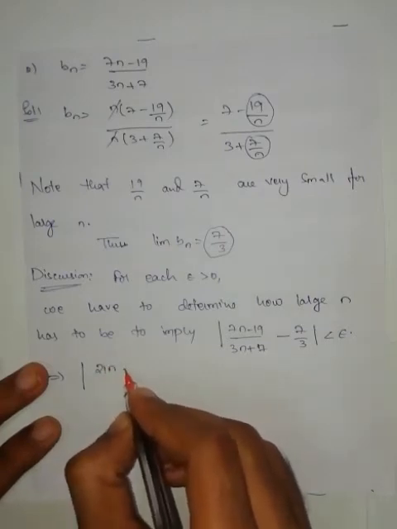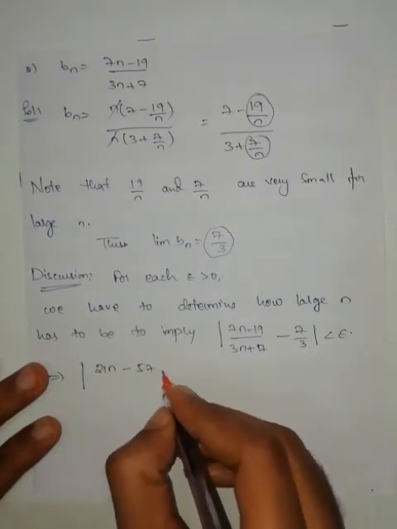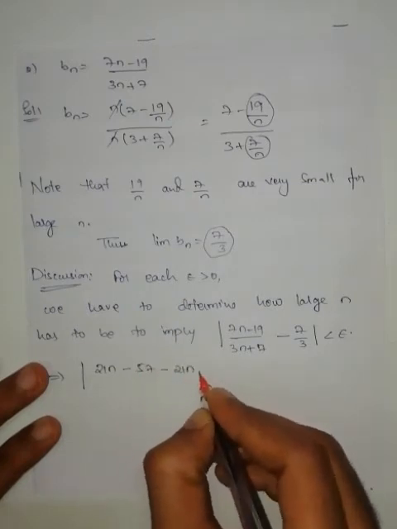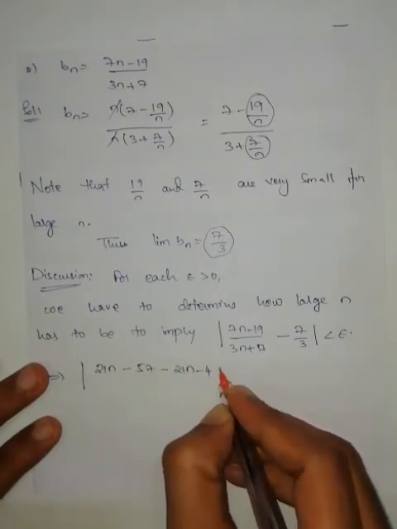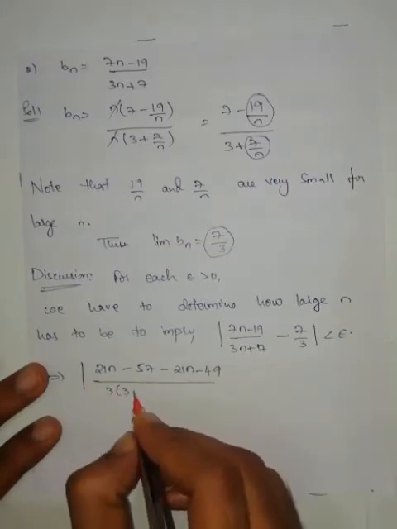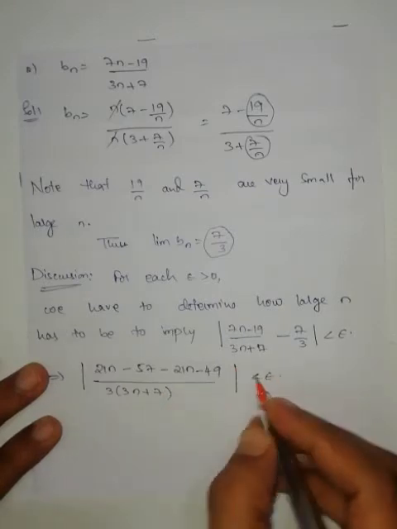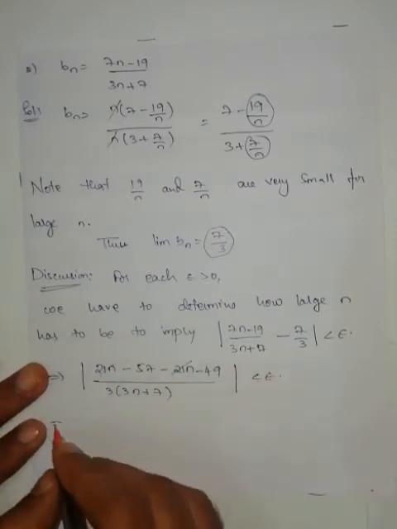This implies, LCM: (21n minus 57) minus (21n minus 49) by 3 into (3n plus 7) is less than epsilon. This one and this one get cancelled.